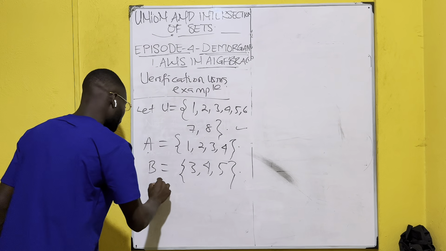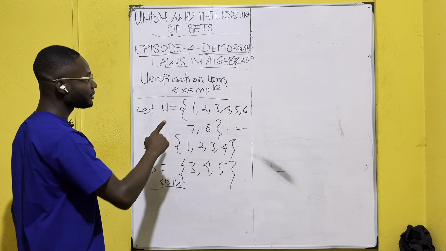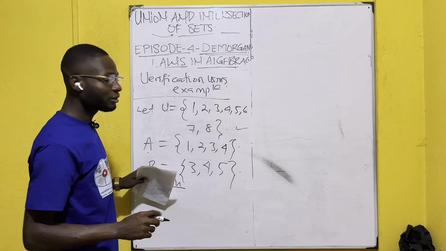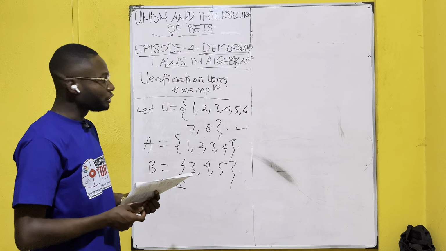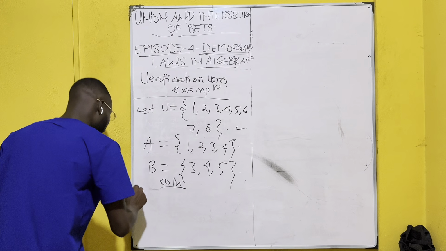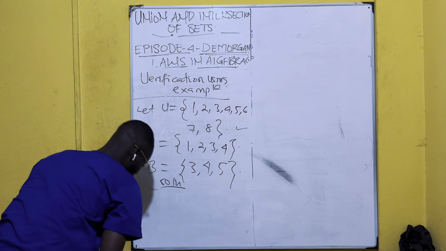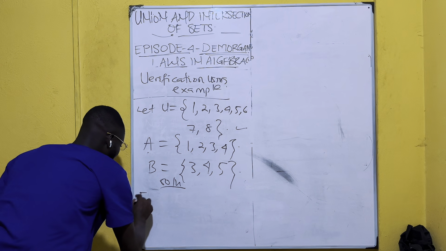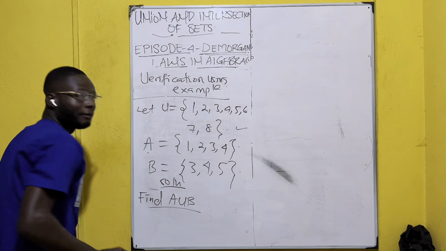So, the first question you want to tackle on this particular example is to find the union between A and B.